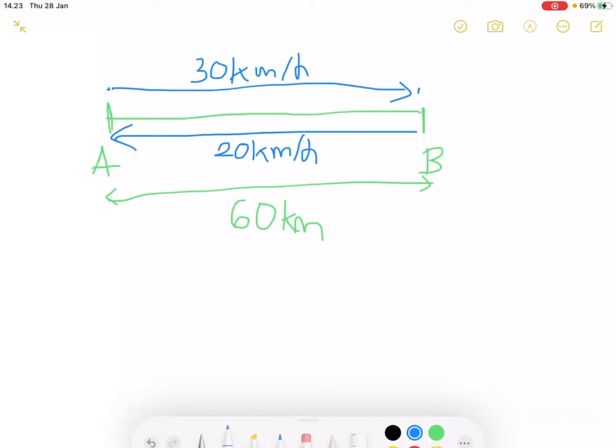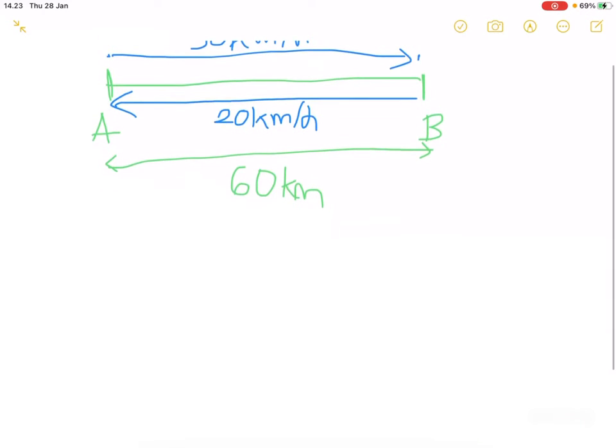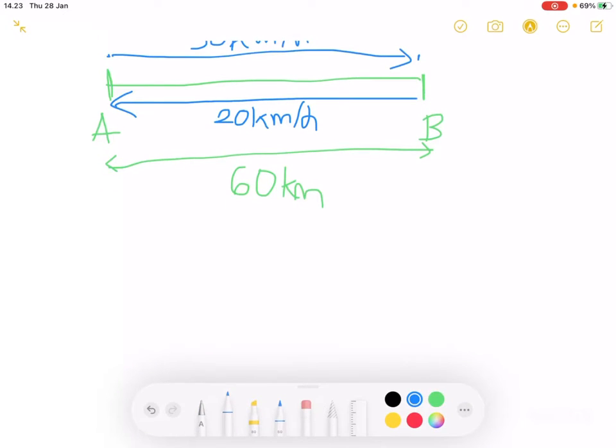Well, you need to be careful about our total distance and our total time. We're writing our average speed formula, total distance over total time. Our total distance: since it travels from A to B, that means it travels 60 kilometers, and then back from B to A, which is another 60 kilometers.